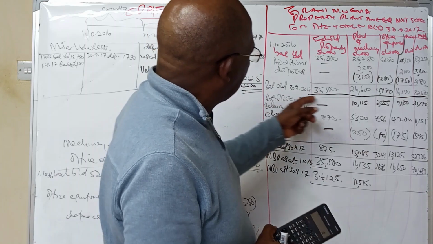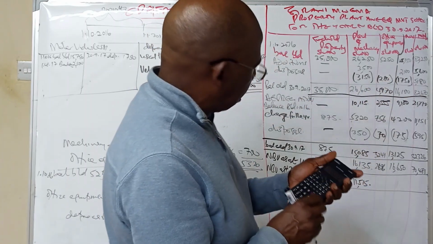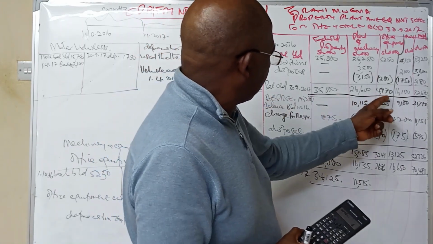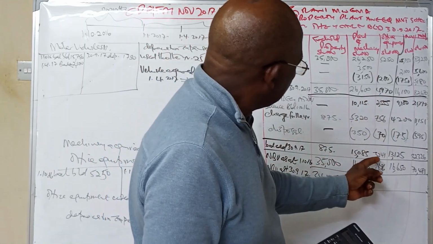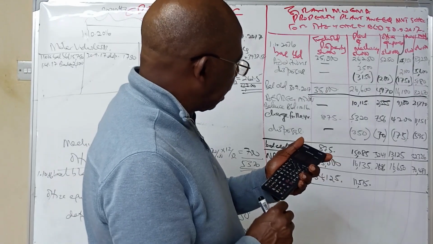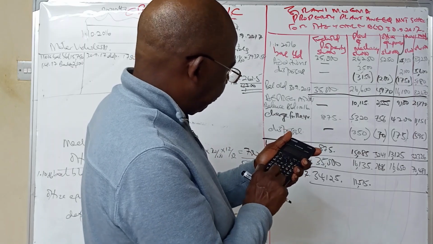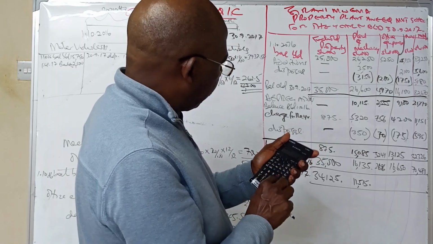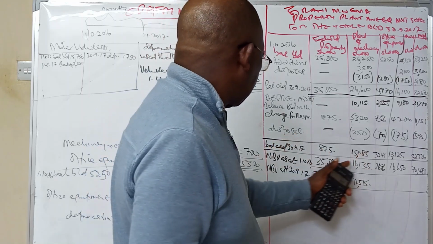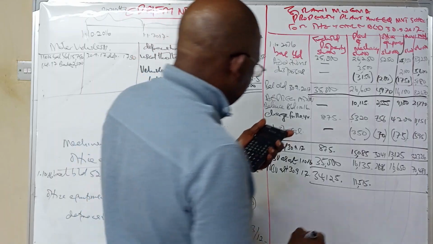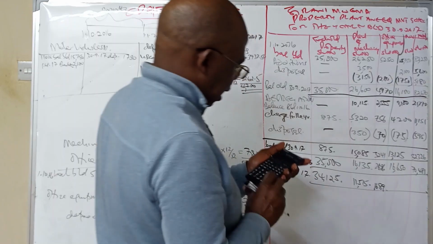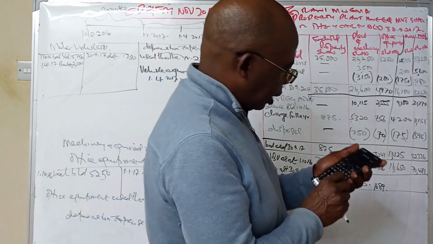The closing balance of the asset, office equipment, was 4970, minus the closing balance of the depreciation, which is 3281. We get a balance of 1689.